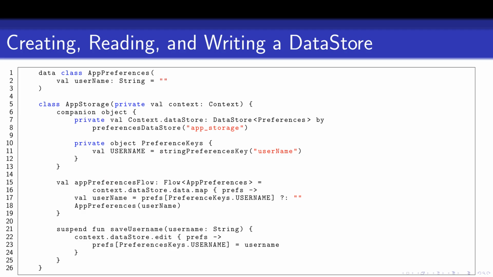It also provides a suspend function to save updates using edit. The write operation runs on a background thread, using withContext to avoid blocking the UI. This setup ensures preferences are stored reliably and can be accessed or updated seamlessly, making it ideal for lightweight data persistence in Android apps.